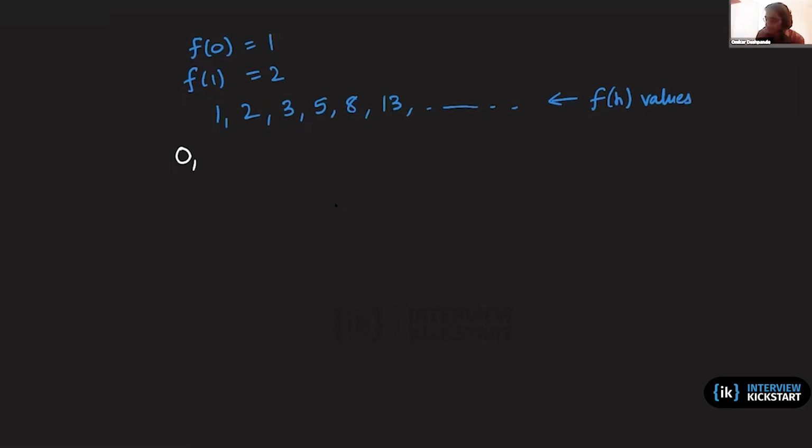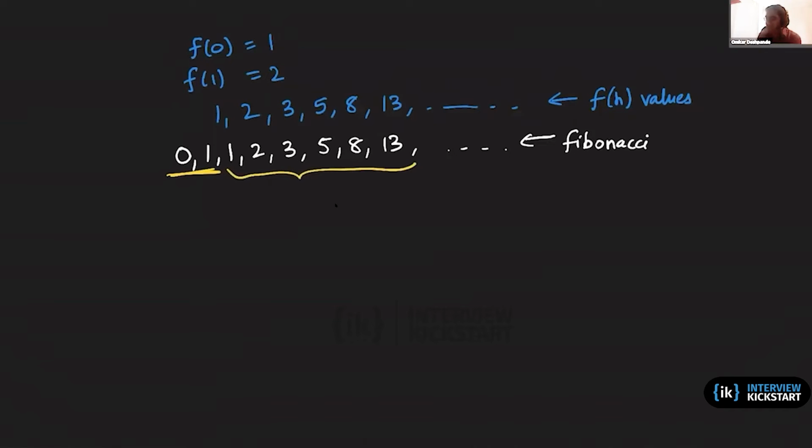The Fibonacci sequence is basically this sequence. So basically, ignoring the first 2 values, everything else is common. So the f sequence that we are talking about is basically the Fibonacci sequence with the first 2 values eliminated.